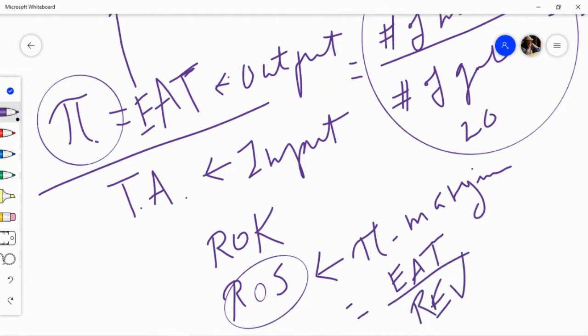Sales means revenue, and that's profit margin. Return on capital is, again, EBIT over long-term capital only.